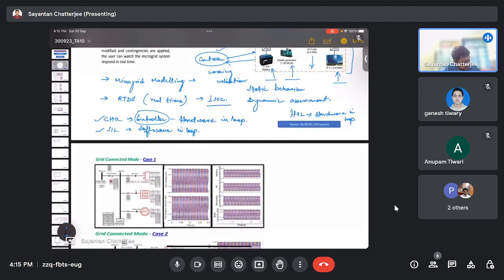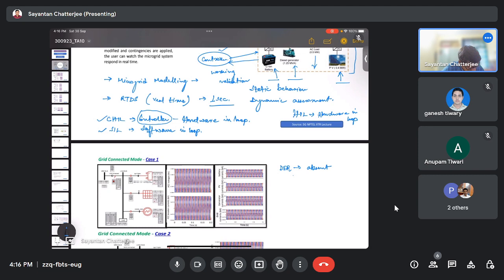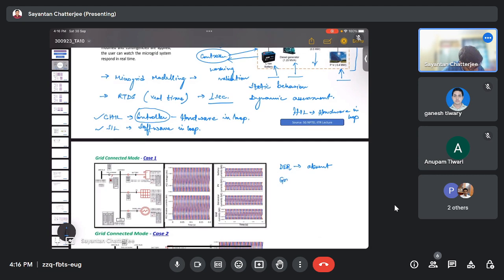Here we have case number one, where we can observe that the DER is absent and the grid is feeding the load.